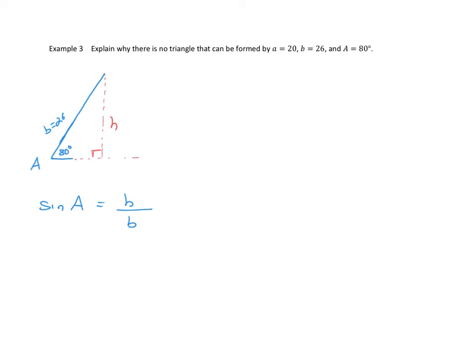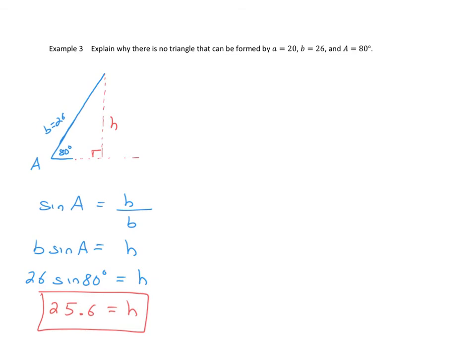So I can multiply both sides by b, and I'll plug 26 in for b and 80 degrees in for A, and that's going to be equal to h. I'll put that in my calculator. So that's 26 times sine of 80 degrees. And I get 25.6 if I round to 1 decimal place. So here's h.